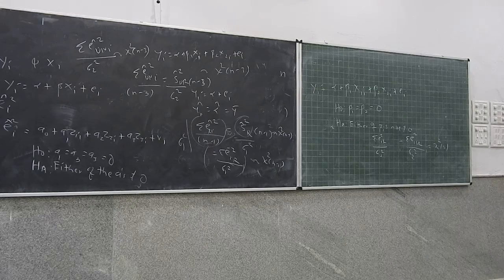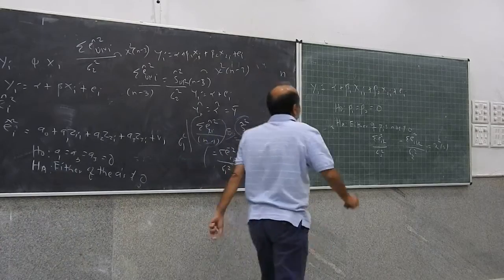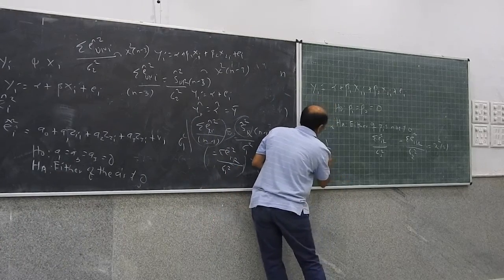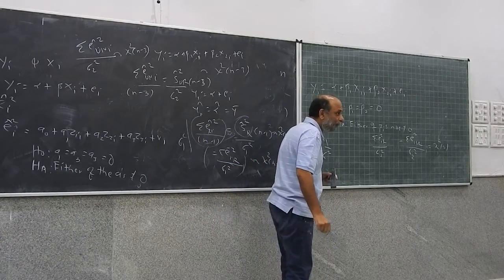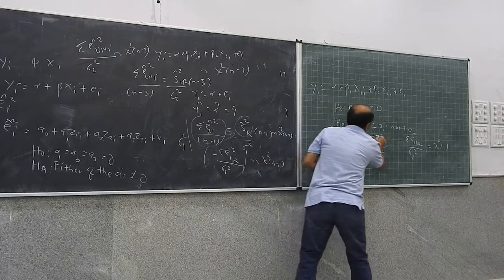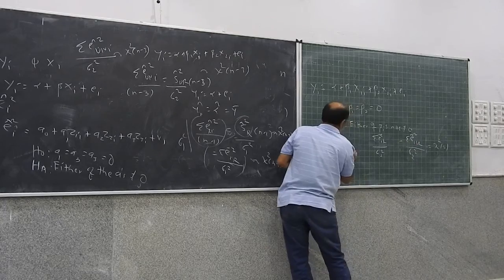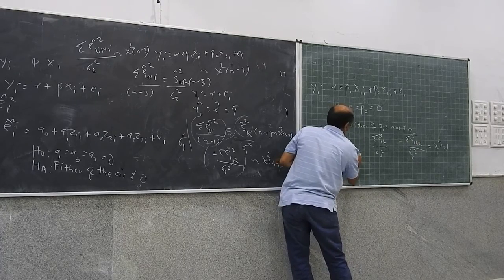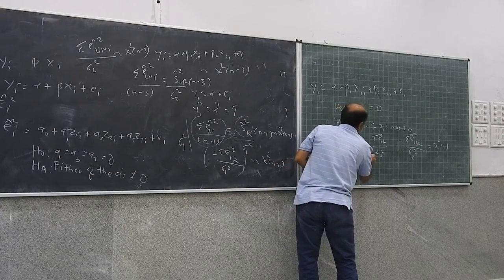Right? Sigma 1 square. So let's call this, it will not be different sigma 1 square and sigma 2 square. Both will be sigma square. If I say both are sigma square, then I can rewrite this as 1 upon sigma square, summation, we had e hat i square, minus summation.